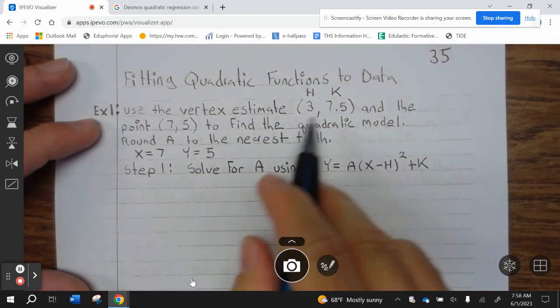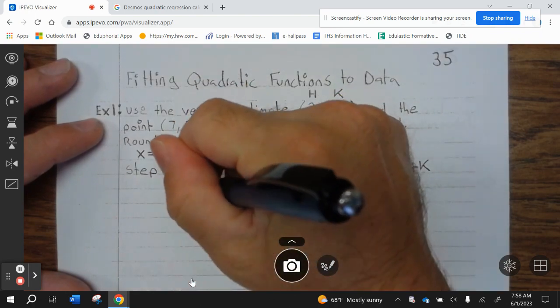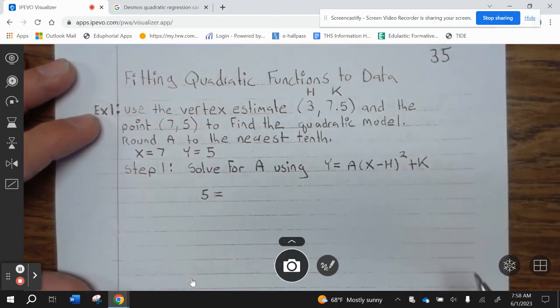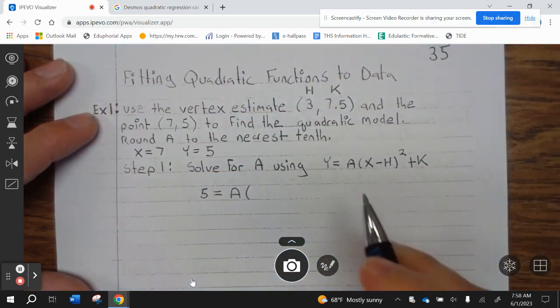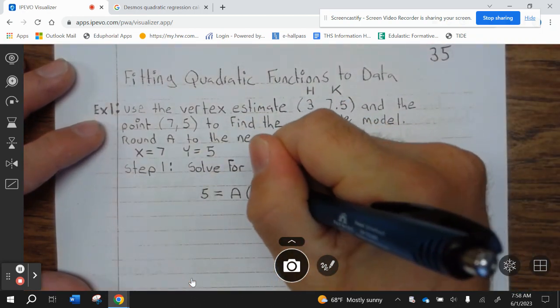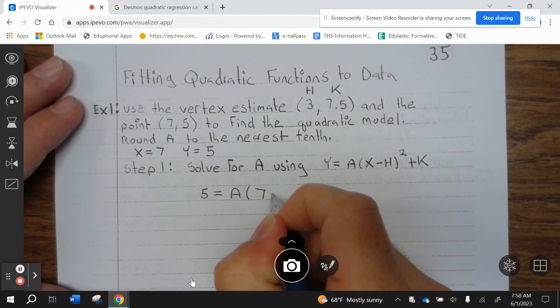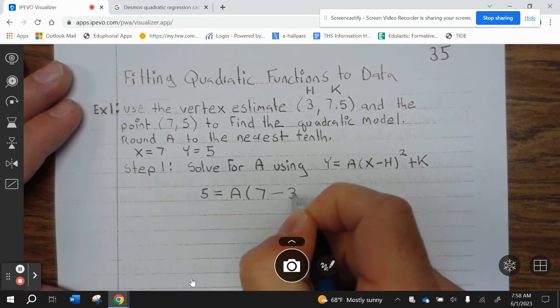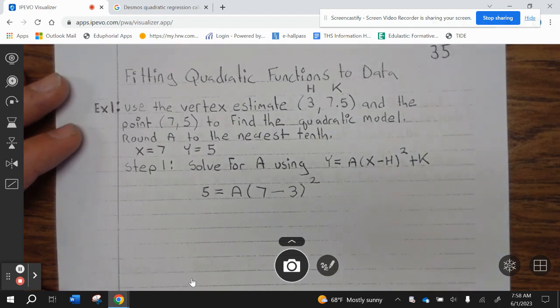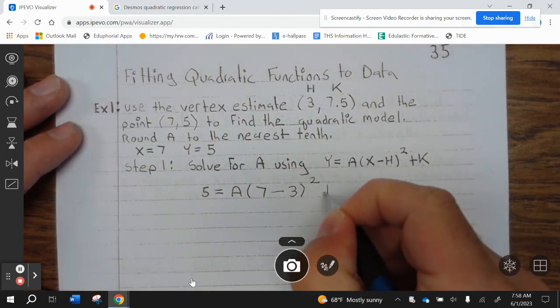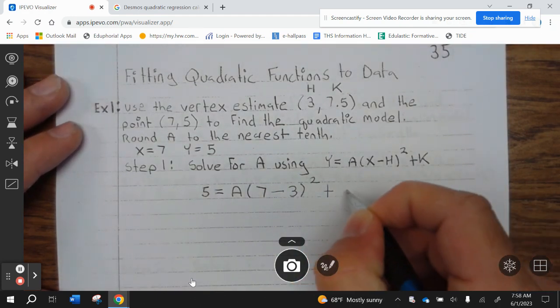Okay, so let's plug those numbers in. So that's 5 equals a, we don't know, parentheses x, which is 7, minus h, which is 3, squared, plus k, which is 7.5.